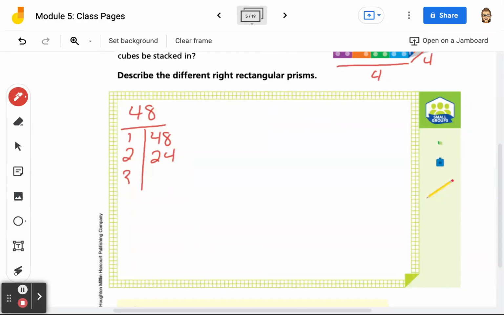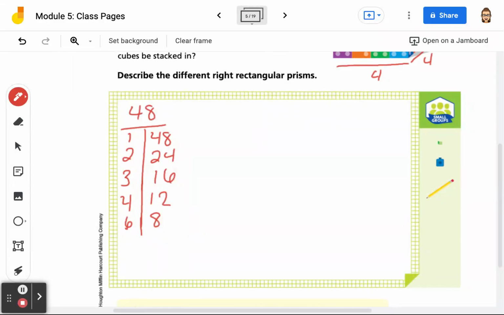We would have 3 and 16. We're going to have 4 and 12. We can't have 5. 5 doesn't work. So then we have 6 and 8, and 7 doesn't work. So those are all our factors.